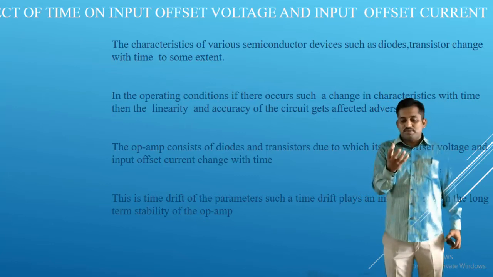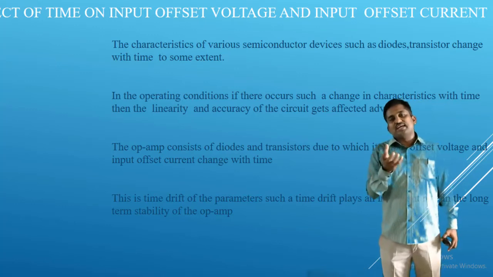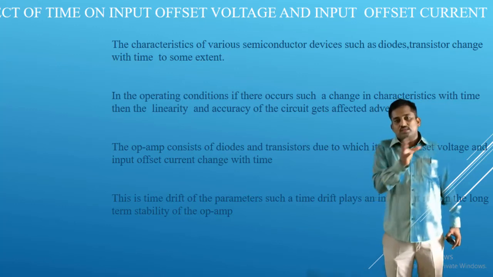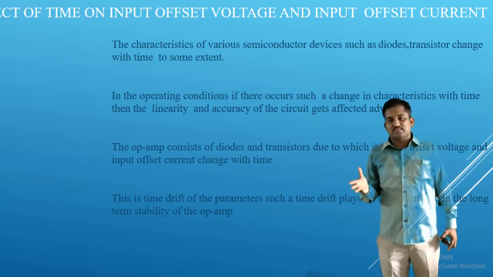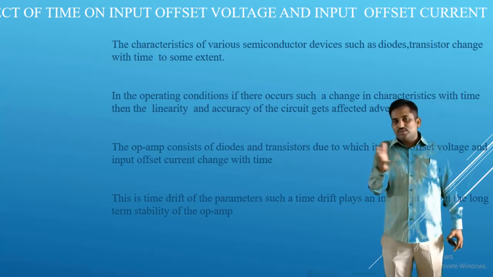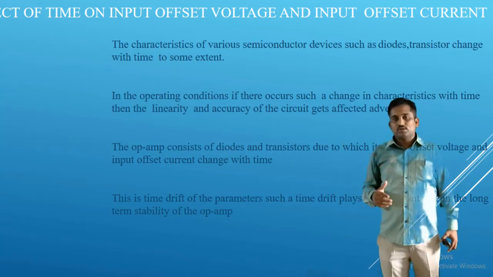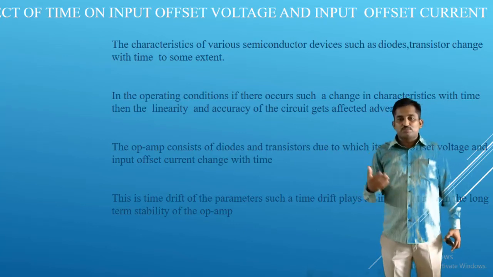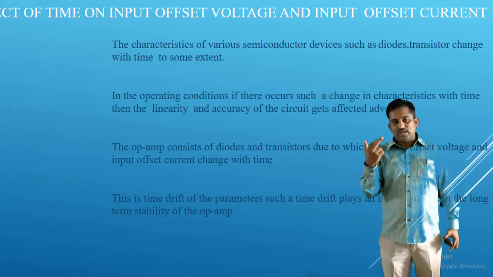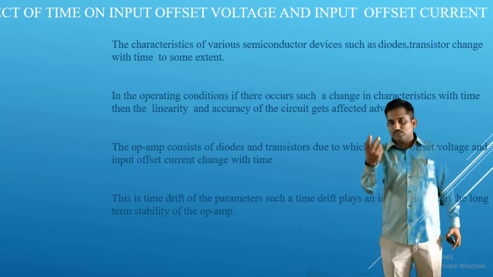Generally, an op-amp is designed with transistors as well as diodes, and all these are semiconductor devices, which vary with respect to time also up to a certain extent. Now I am expressing the input offset current as well as input offset voltage with respect to time.